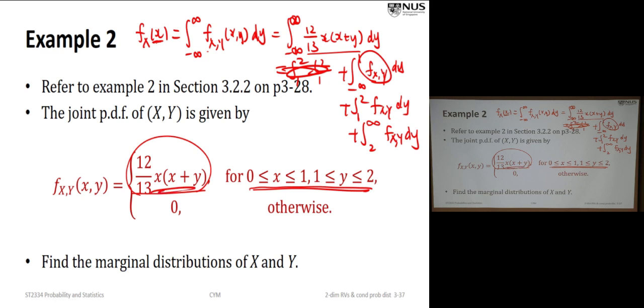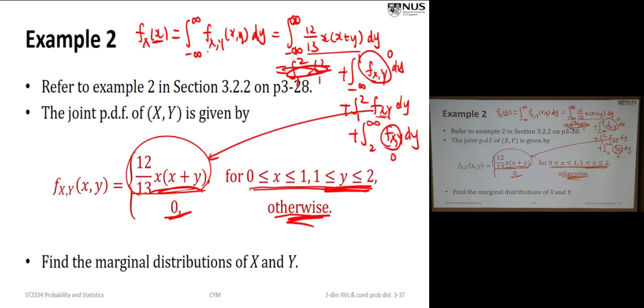It's not this one. It is 0, because y is between minus infinity and 1. So it falls here, and this is 0. This one, yes, this is equal to this. And this also equals 0. So basically it boils down to integrating from 1 to 2 the joint PDF.